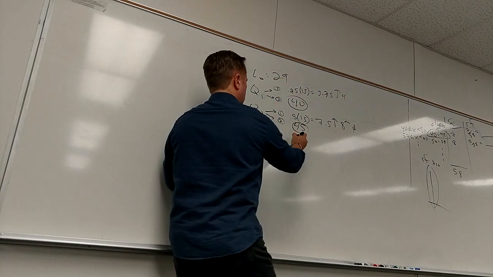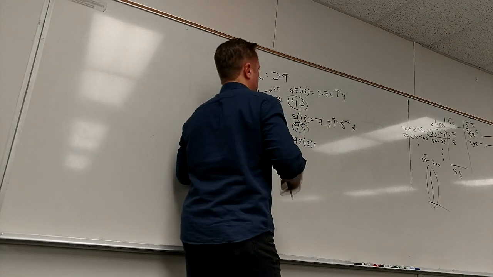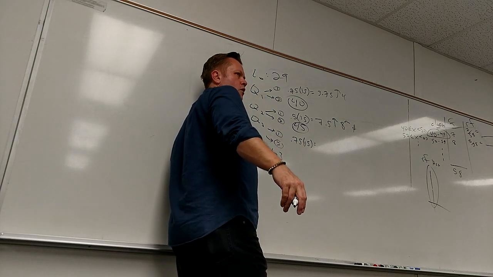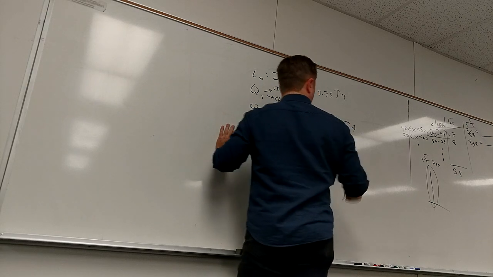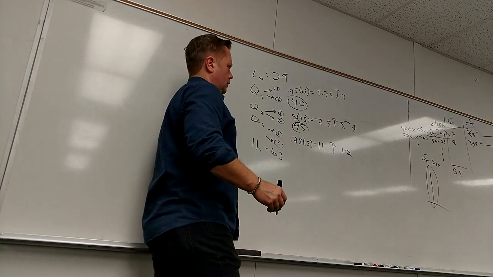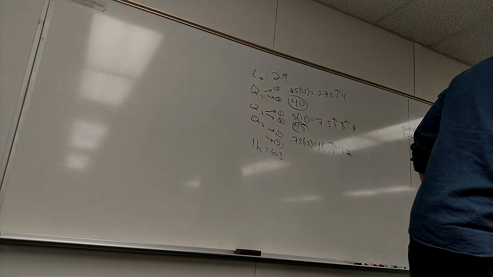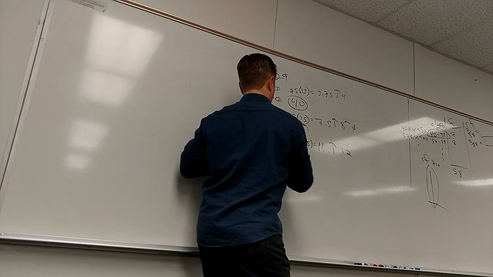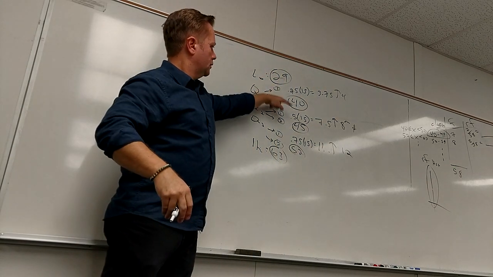Or I could just do 75% of 15, which is 11 point whatever, you round up to 12. And then the 12th number looks to be 52. So there's my 5-number summary.